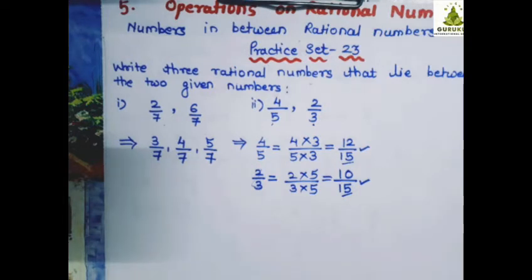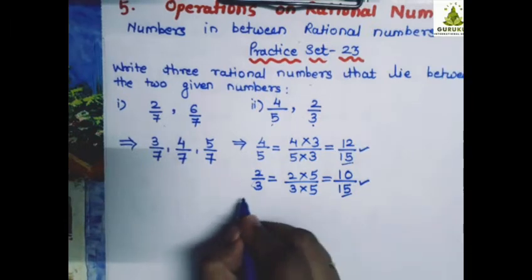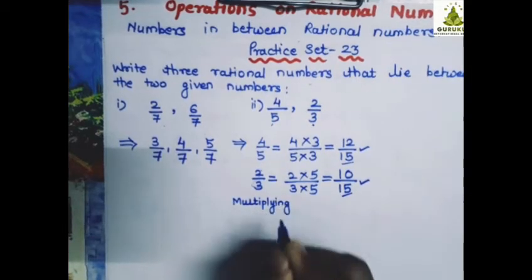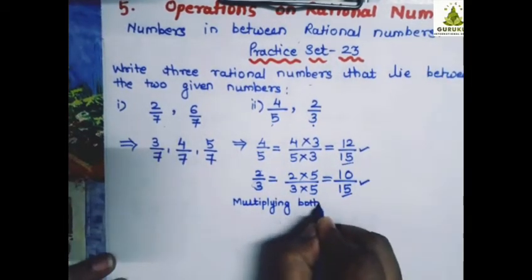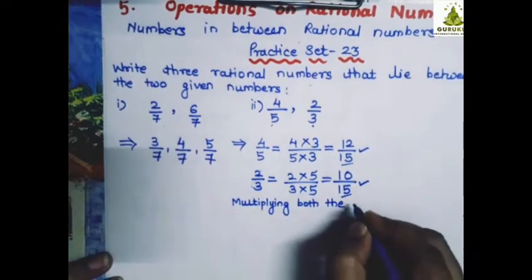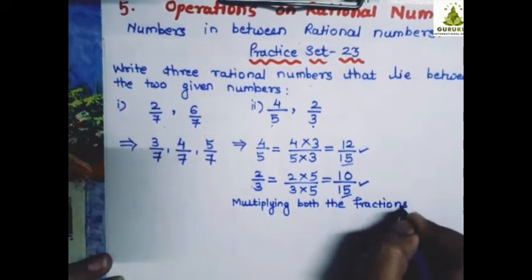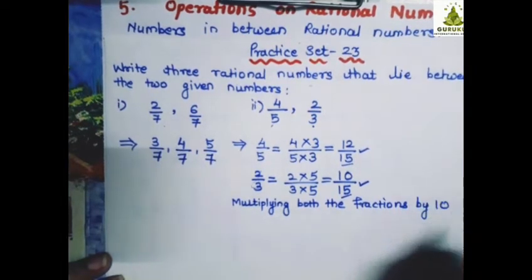Correct? And how many do we want? 3. So one more step we have to add. We can write: multiplying both the fractions by the number 10. Okay.